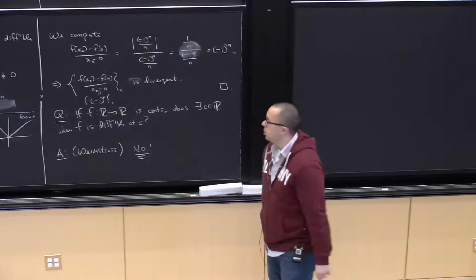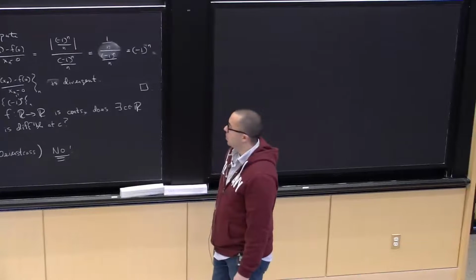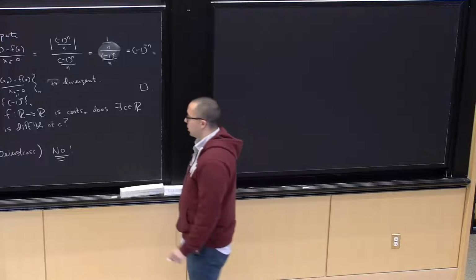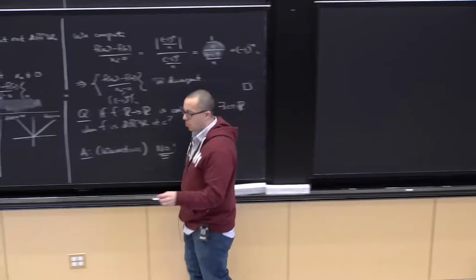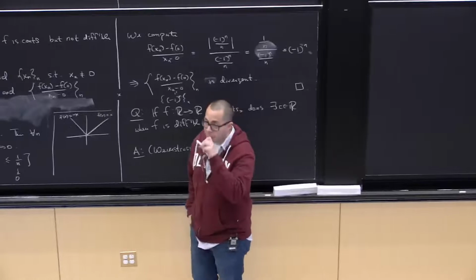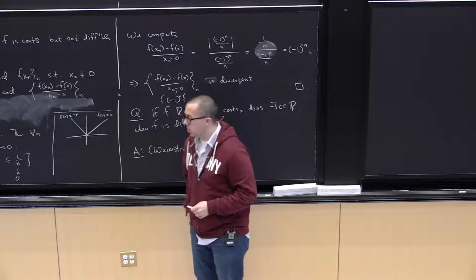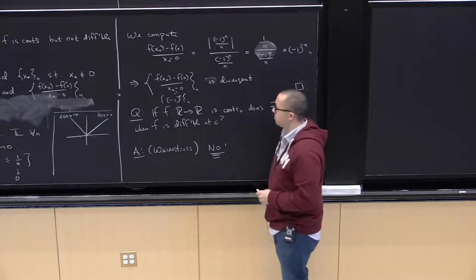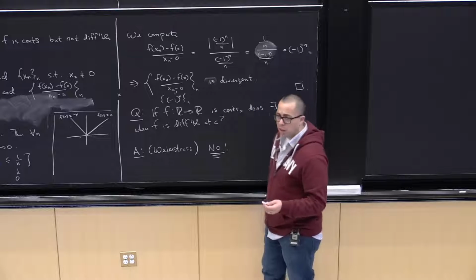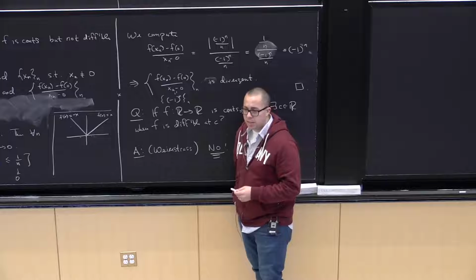Now a natural question that people asked is, okay, a function being continuous at a point does not necessarily imply that it's differentiable. But let's take a function which is continuous on the real number line. Is there a point where it's differentiable?